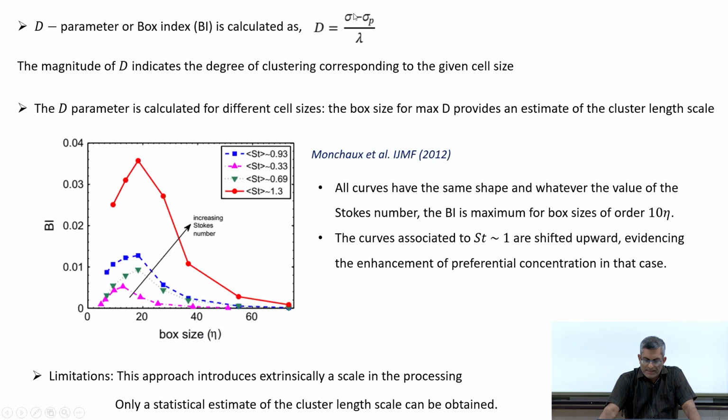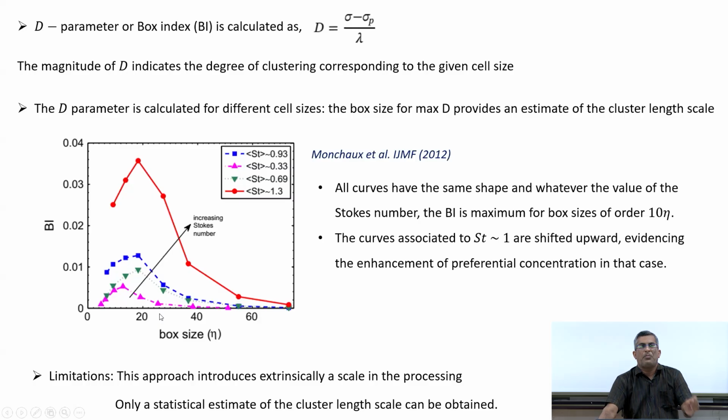So, you have the experimental standard deviation, and this is the standard deviation of the Poisson distribution, divided by the mean. Okay. Now, the magnitude of this D parameter indicates the degree of clustering corresponding to the given cell size. For each cell size you can calculate this D parameter, and then here you can see how this cell size correlates to the box index.